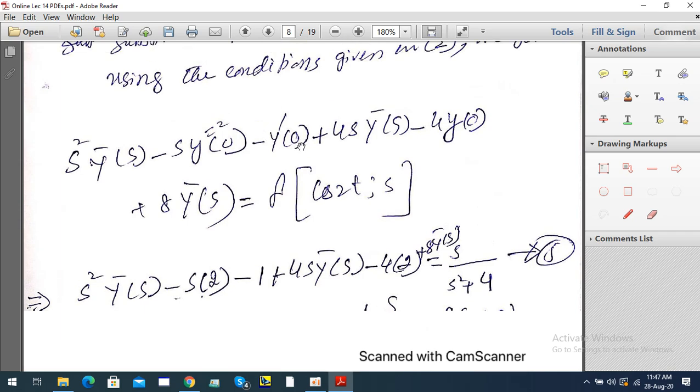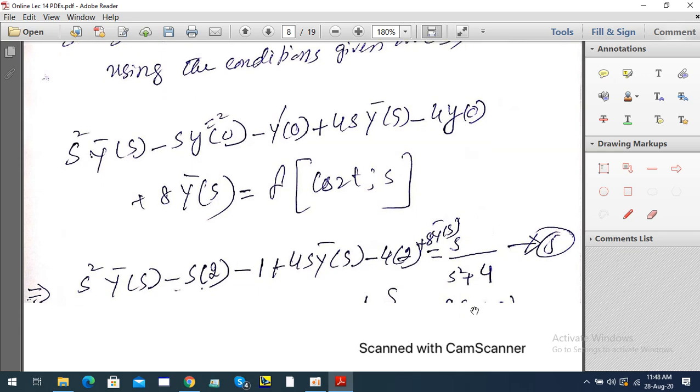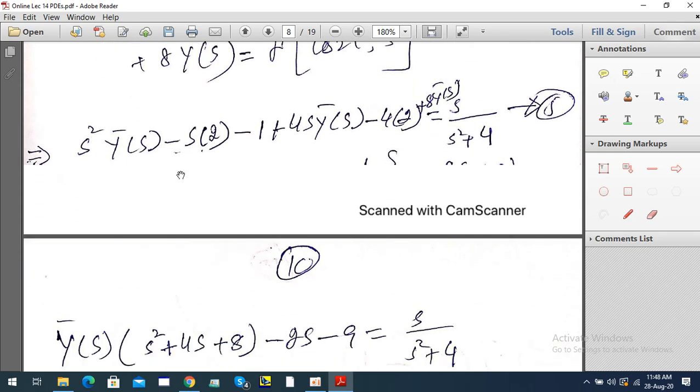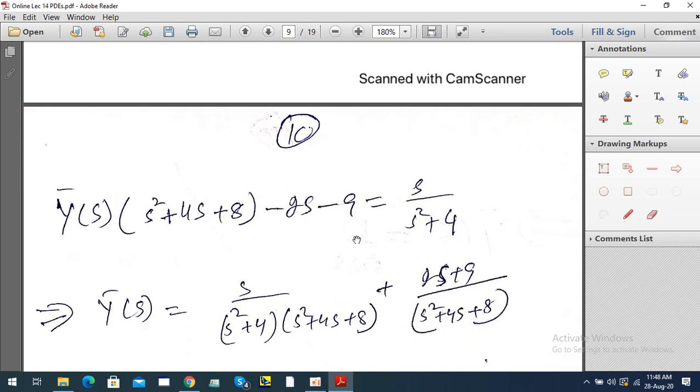This is the Laplace of d square y by dt square, and this is the Laplace of dy by dt, and plus 8 y bar s, and Laplace of cos 2t is s by s square plus 4. So I have just simplified this: s square y bar is minus 2s, and I have just taken a common y bar, minus 2 is minus 9.